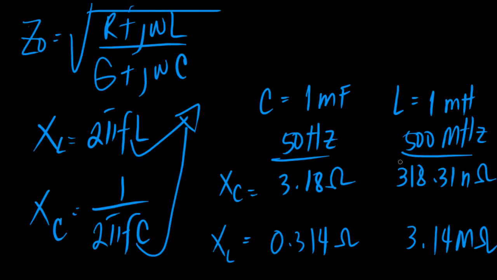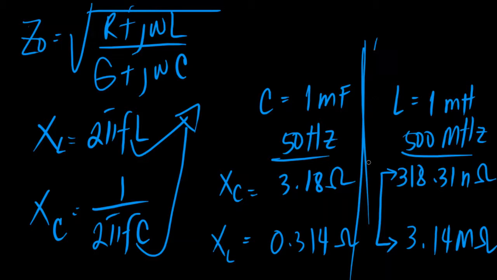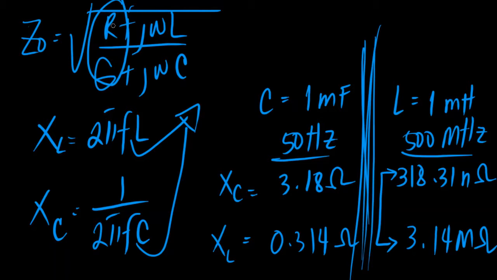There is a significant increase and decrease in value, which just shows that at a lower frequency, you are good with R and G. Actually, your resistance and your conductance will be much larger than the reactances that we showed here. Again, your resistance and conductance will be much larger than the reactances that we have solved. That is why R and G are the ones considered for low frequencies. Meanwhile, those values will be negligible for higher frequencies.